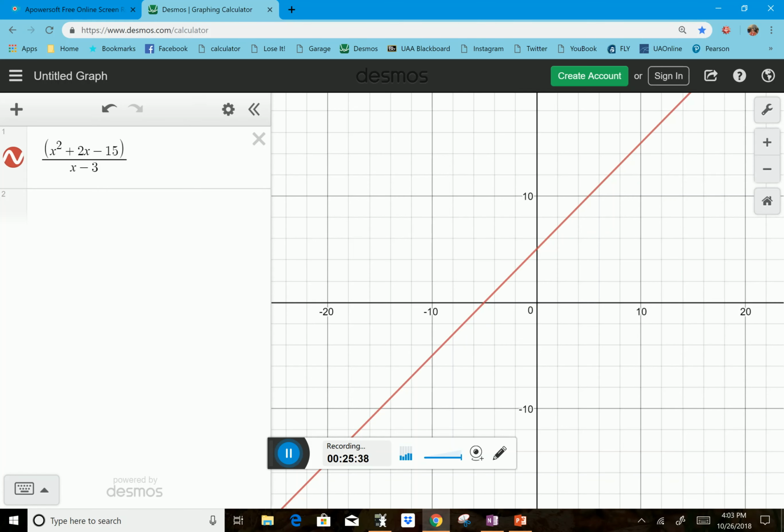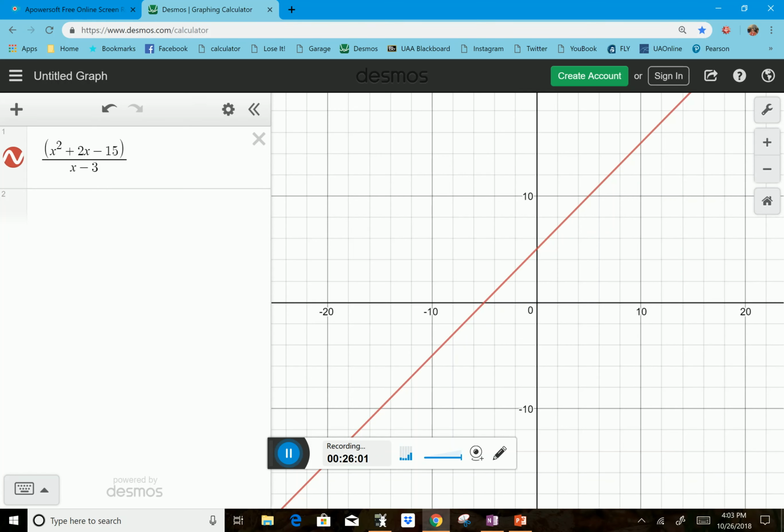Why does it just look like a line? Why don't we have an asymptote at x equals 3? There should be an asymptote right here. Why is there not some kind of asymptote right there? Because x can't equal 3 in that particular graph.